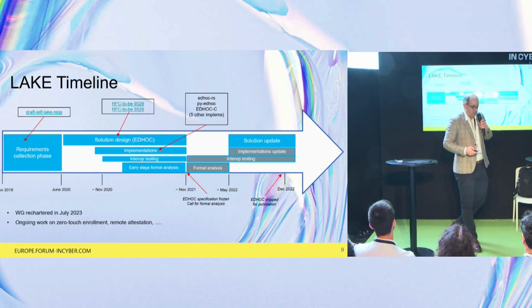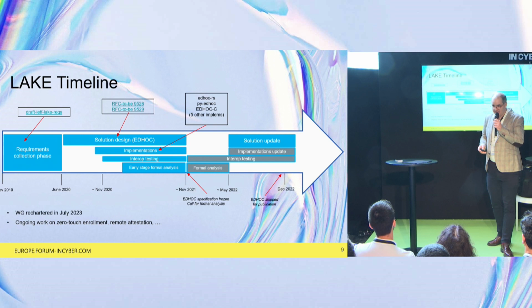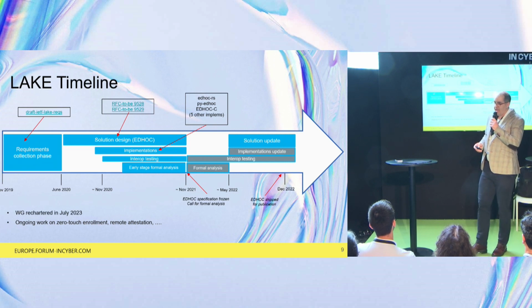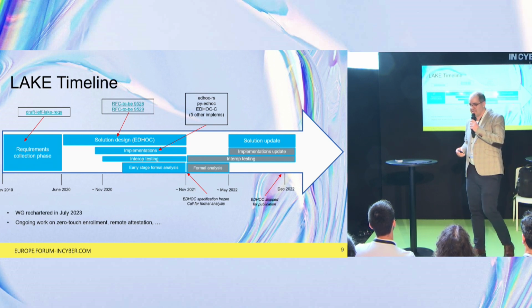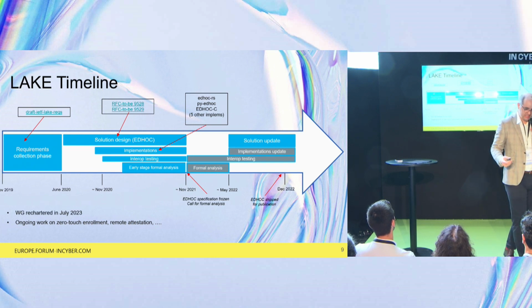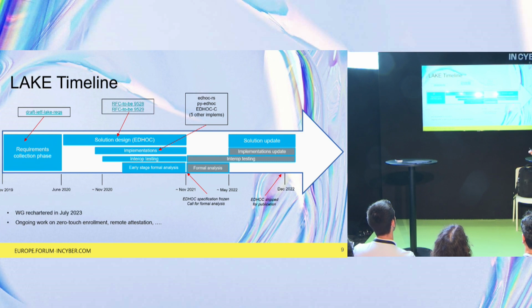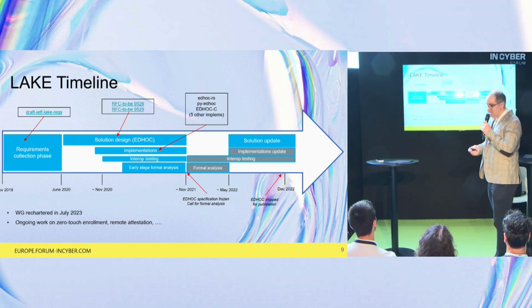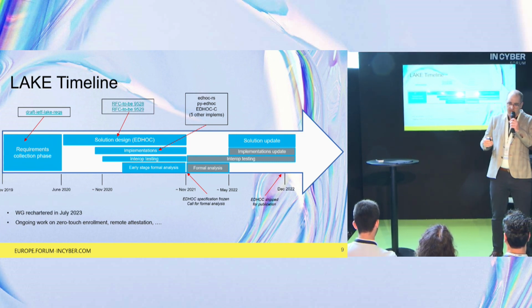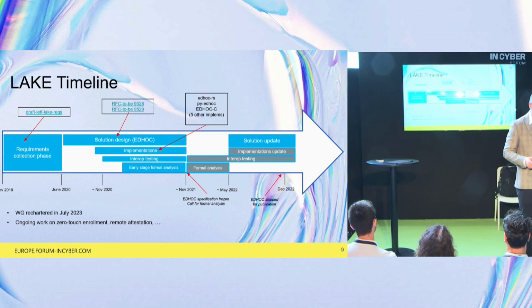LAKE was formed in November 2019. The first thing we had to do was go through a process called requirements collection, essentially a first step in any engineering process, to collect the requirements for this protocol. These requirements considered both security requirements as well as performance requirements of the protocol.